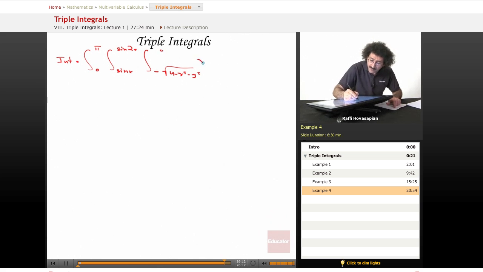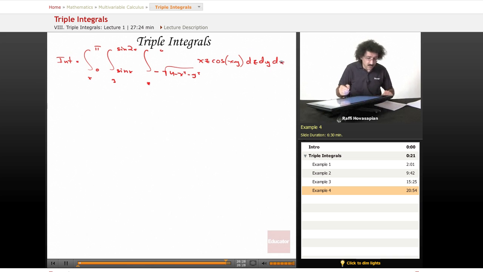And then, of course, we have our function, which is xz cosine xy. And again, this is x, this is y, this is z. So we're going to do dz, dy, and dx. And when we put this in our software, we get the following number, 13.657. Again, perfectly valid number.